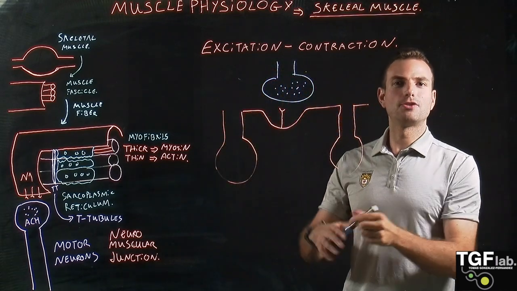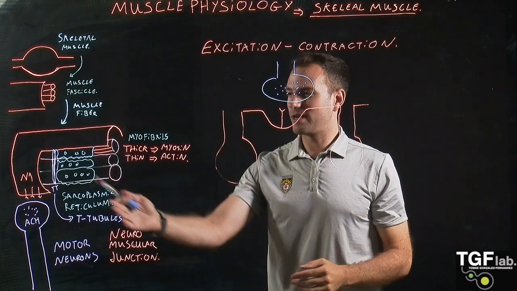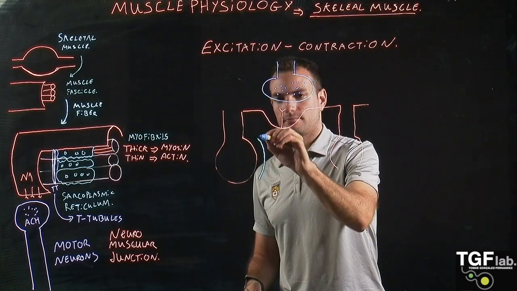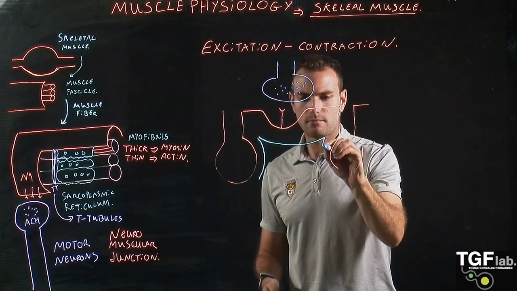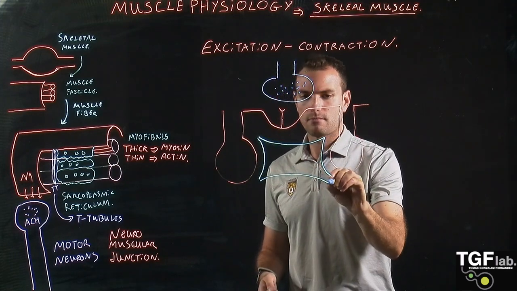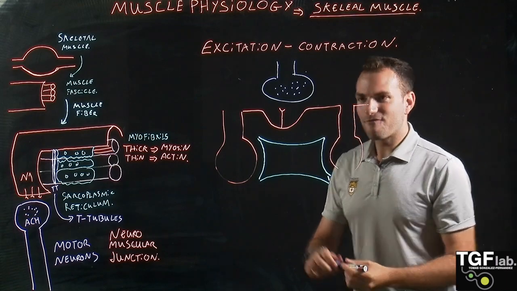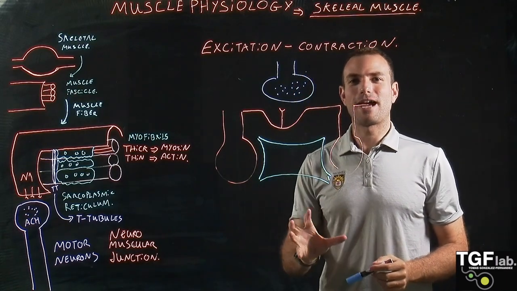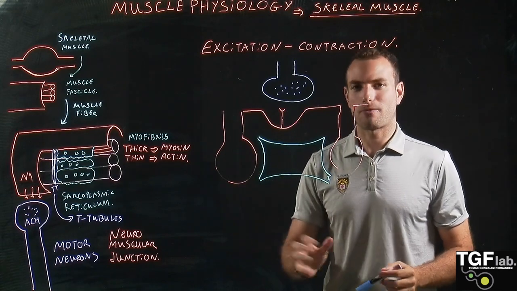And then between the T-tubules, we are going to have the other component that we have seen here, which is the sarcoplasmic reticulum. And finally, we are going to have the thin and the thick filaments, the actin and the myosin filaments that are going to form the sarcomere.